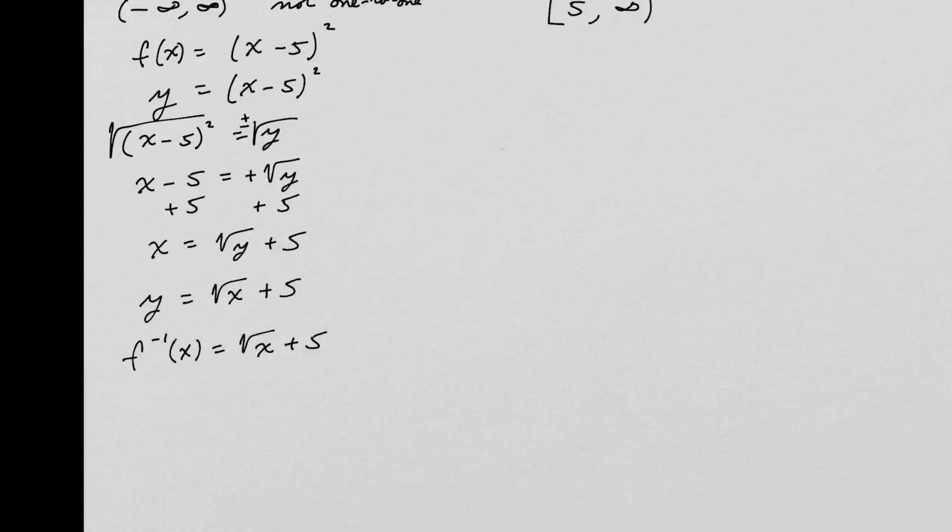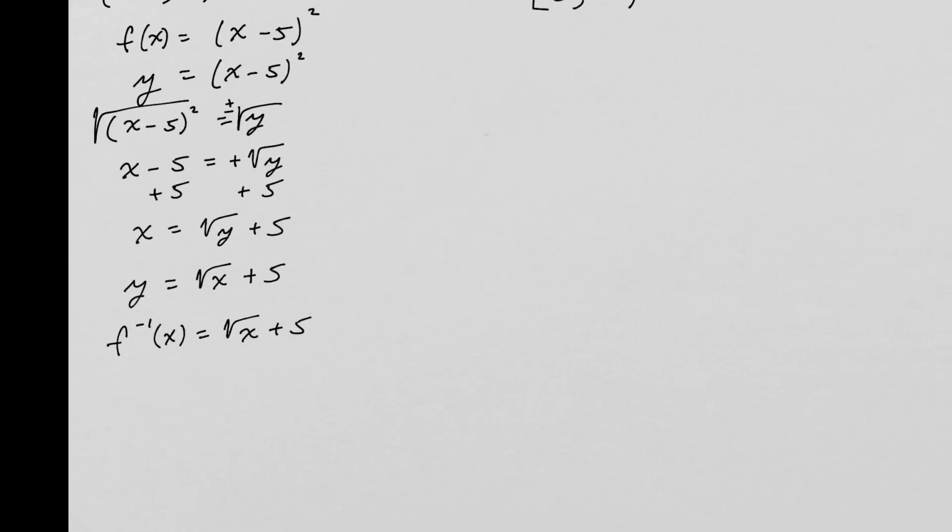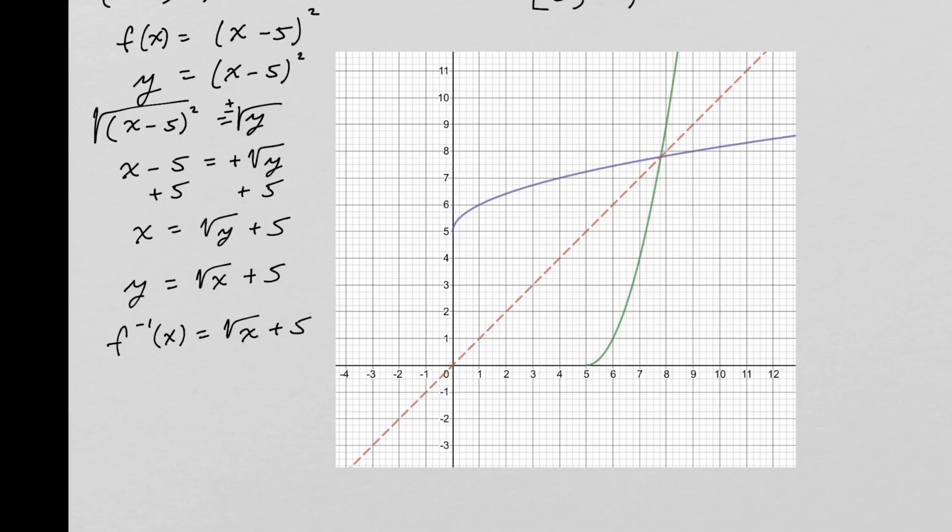Okay, so here, let's plot that and make sure it makes sense. Here was my original function, in the green here. This was x minus 5 squared, although the domain is restricted. It's just from 5 to infinity.